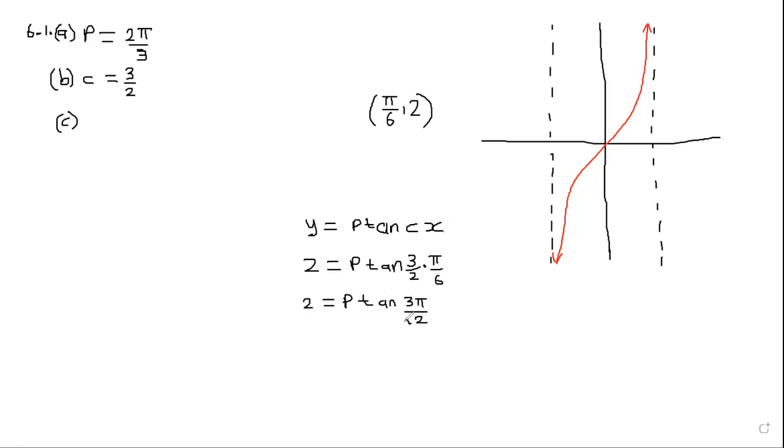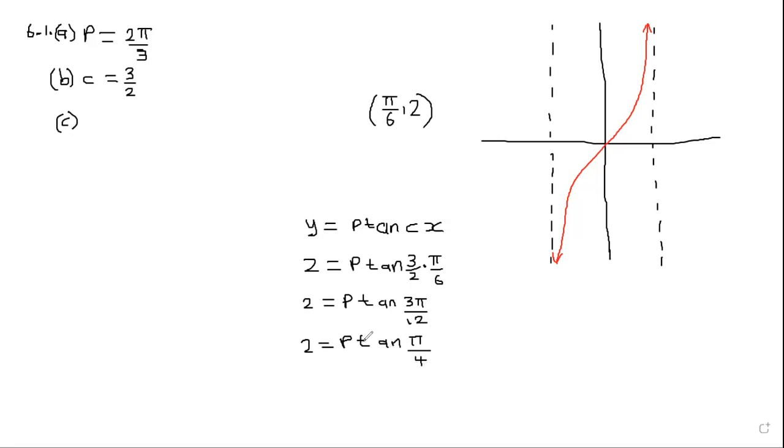I want us to simplify this. 3 goes into 3 once, but it goes into 12 four times, so this can be simplified to pi over 4.